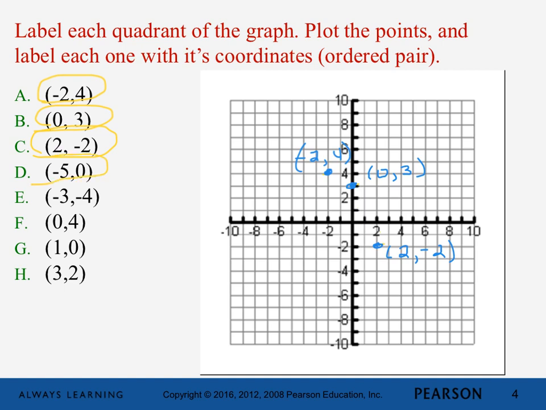Moving now to negative 5, 0, we start at the origin and go to the left 5 spaces. And then we don't go up or down at all because it says that we're going to move from there 0 spaces. And so this is the point negative 5, 0.